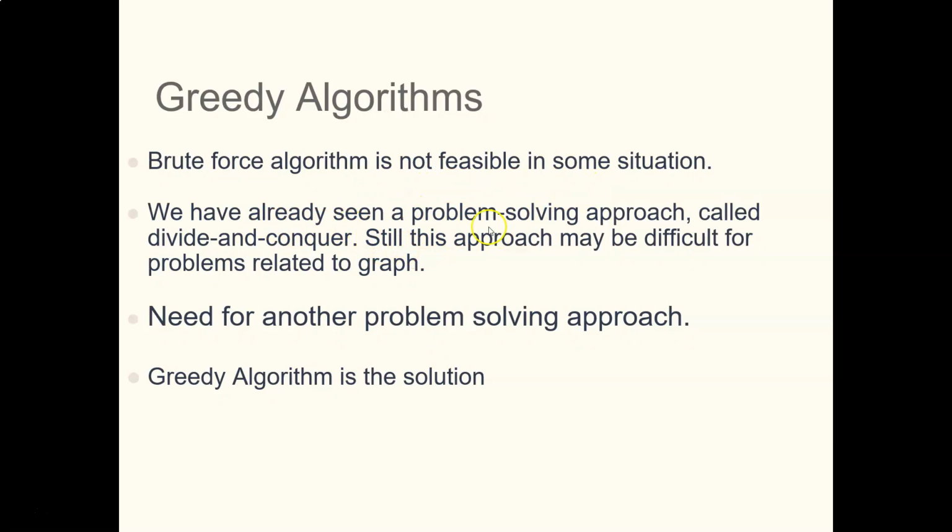And we have already seen a problem-solving approach called divide and conquer, but this doesn't help. So that's the reason why we have this one. So in graphs, finding the minimum spanning tree is not that easy, and there are some greedy algorithms that we can use. We'll see two of them, and I will explain them in the next video.